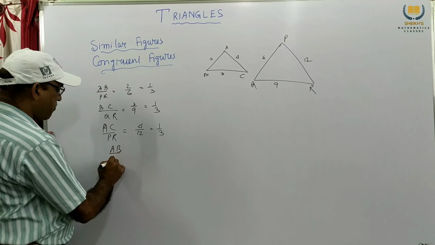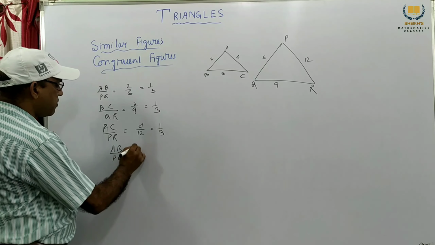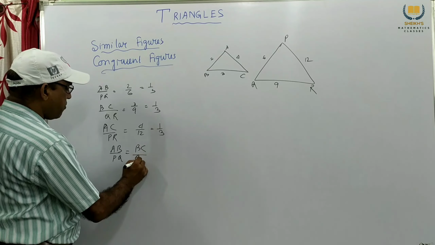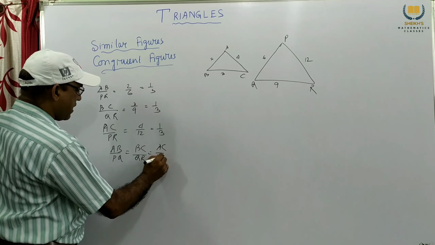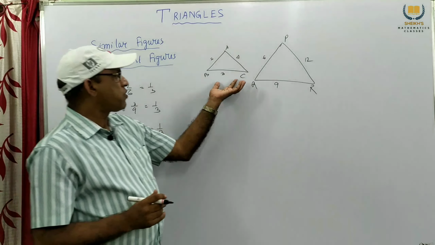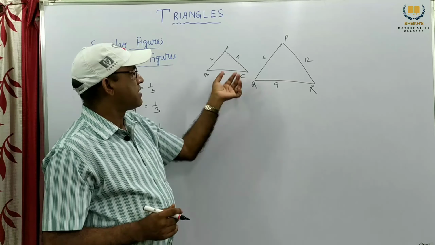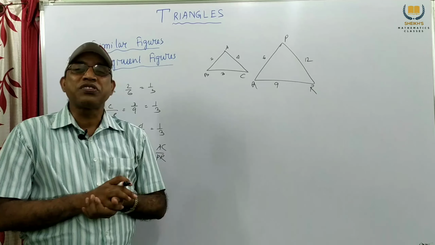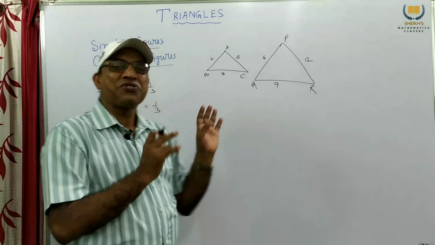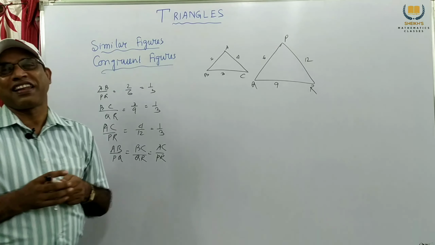AB by PQ, BC by QR equal to AC by PR. We consider these two triangles, their ratios are same. So these two triangles are called similar.